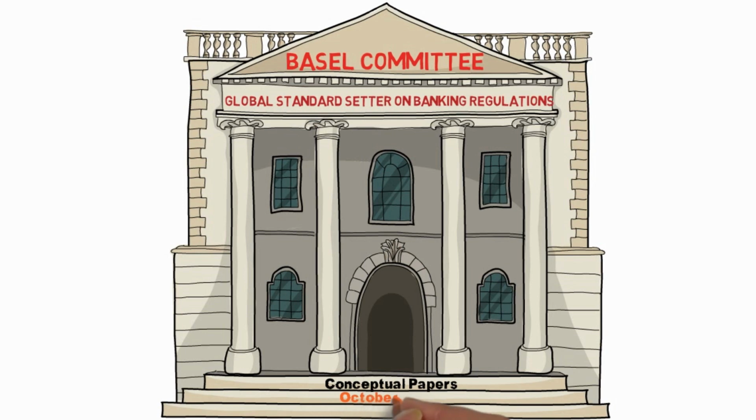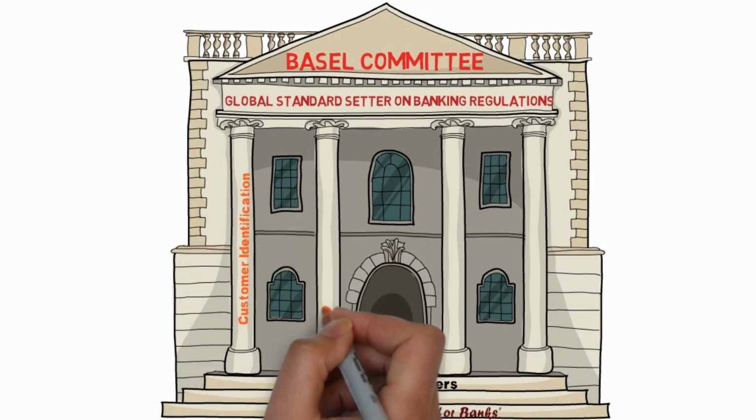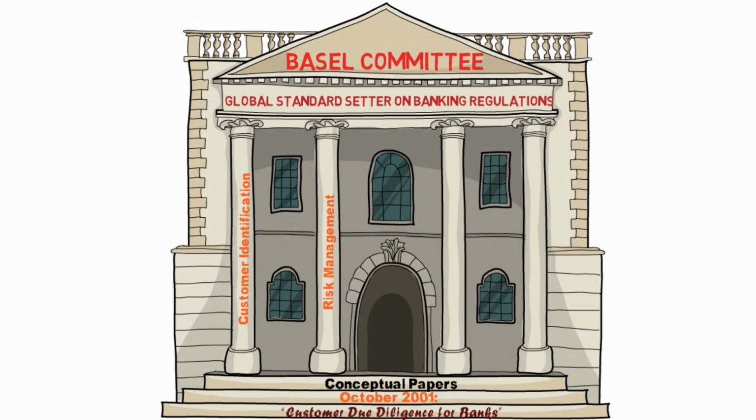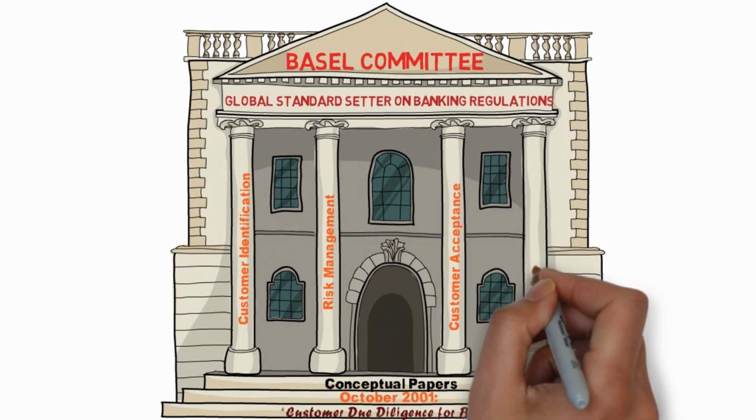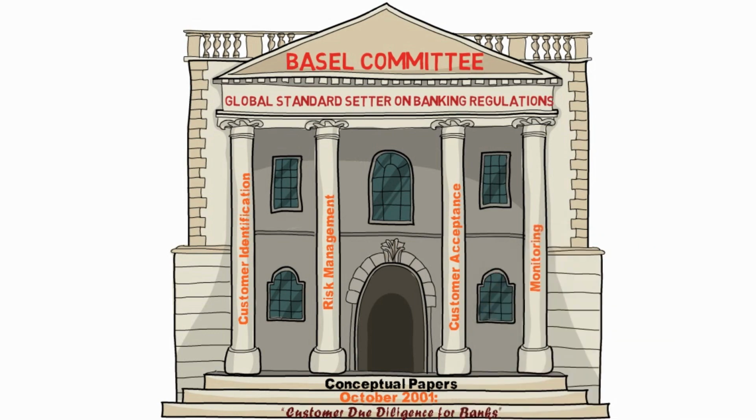For example, the main highlights of the paper introduced in 2001 by the Basel Committee talk about 4 elements of a KYC program. They are customer identification, risk management, customer acceptance, and monitoring. It also talks about 3 lines of defense that you might already know.